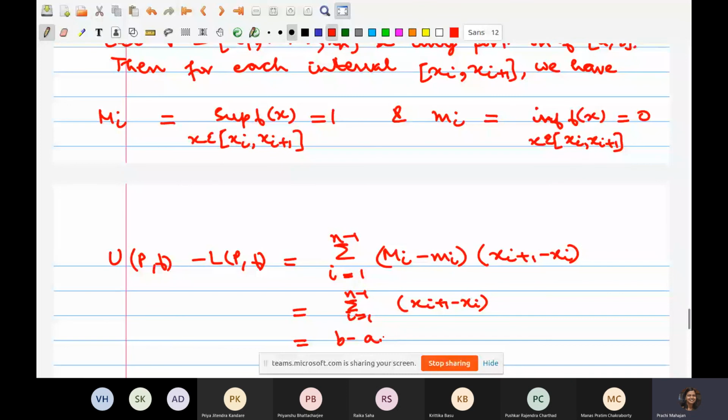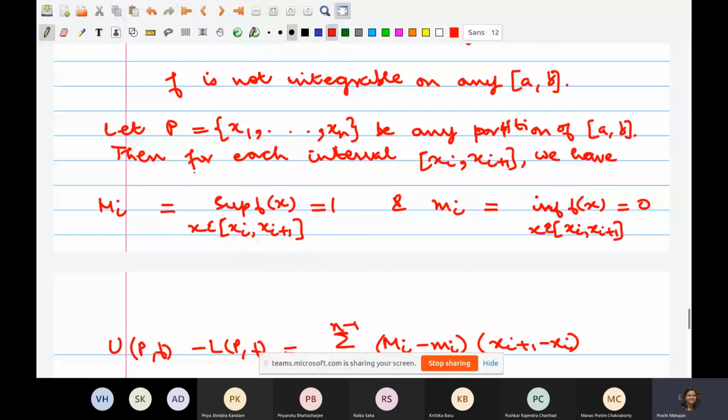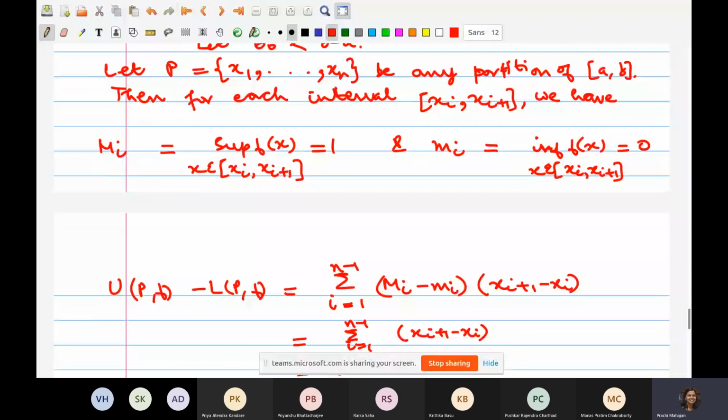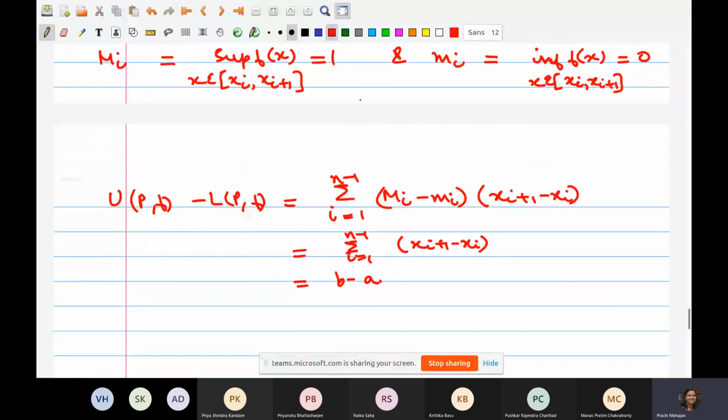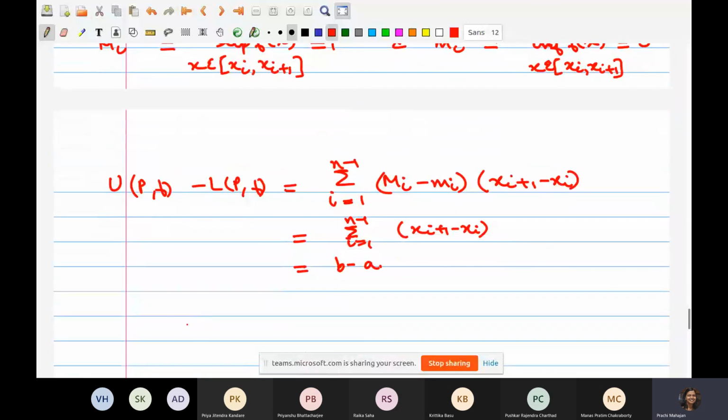So let's fix some epsilon naught positive, which is strictly less than b minus a. And let's look at any possible partition of the interval AB. Then the upper sum and the lower sum differ by b minus a, which is bigger than epsilon naught.